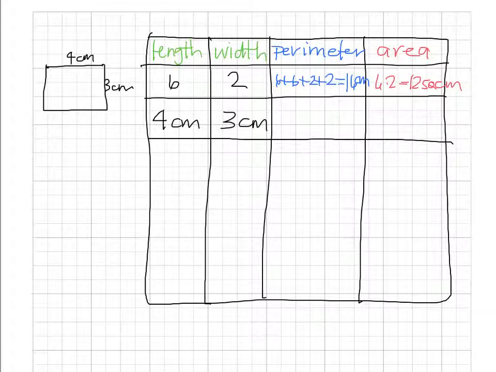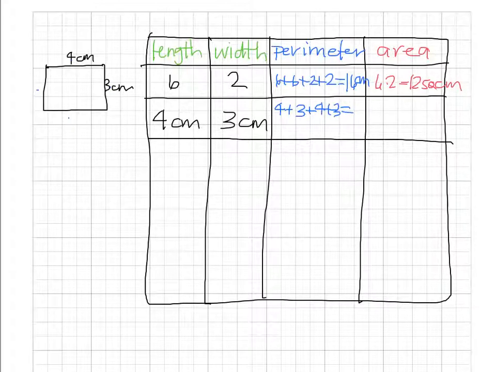Now, to determine perimeter, remember, perimeter is the distance we can walk around. So if we take our measurement, it's going to be 4 plus 3, and I should probably do this in the right order, so let's get rid of this. 4 plus 3 plus 4 plus 3, and that is going to give us, well, 4 plus 3 is 7, plus 4 is 11, plus 3 more.